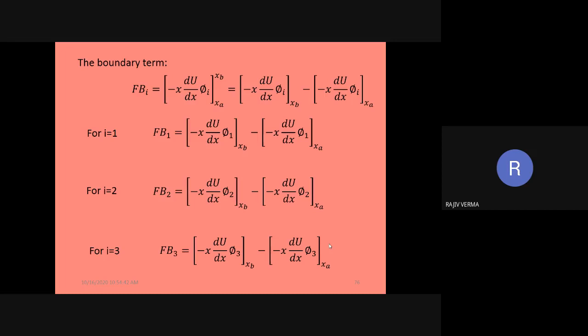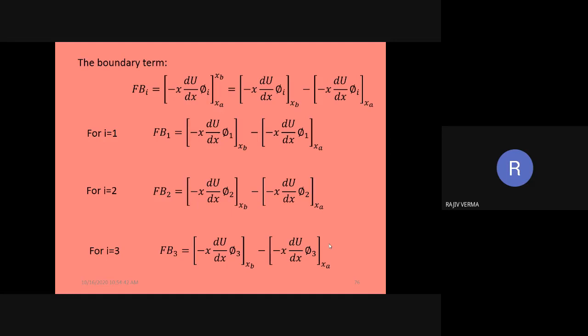Similarly, coming to I is equal to 2, we know the value of x multiplied by du by dx at x is equal to xb. Phi 2 is also known to us. We can evaluate this term also, and similarly we can evaluate the first term in the third equation also. Only the terms which are supposed to be evaluated at xa are going to be unknown.